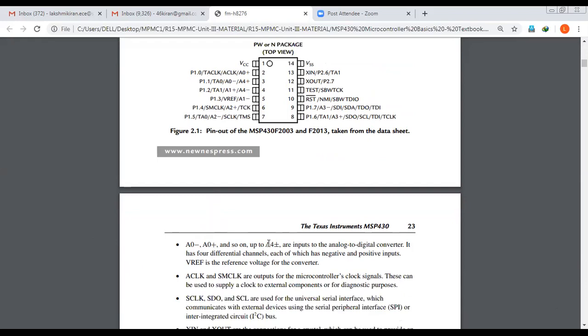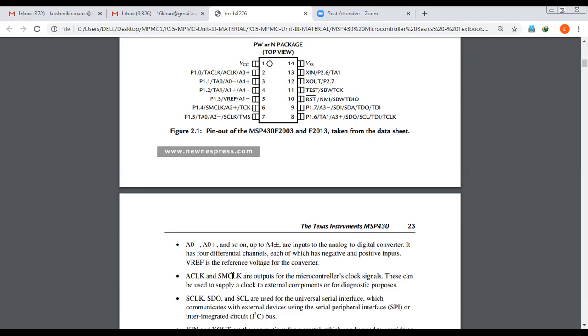These are the analog inputs for the analog to digital converter. For analog to digital conversion, it also requires a reference voltage. That reference VREF is available at pin number 5. And other than that, ACLK and SMCLK are also available.